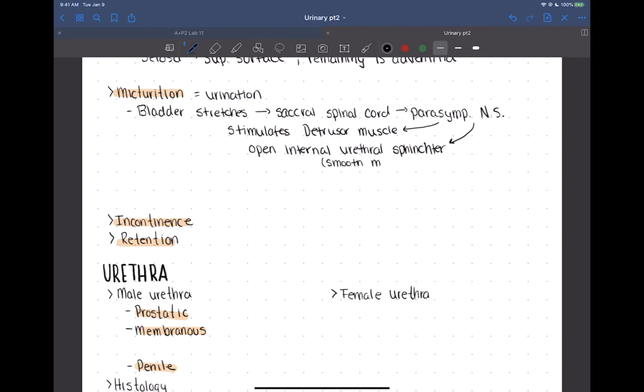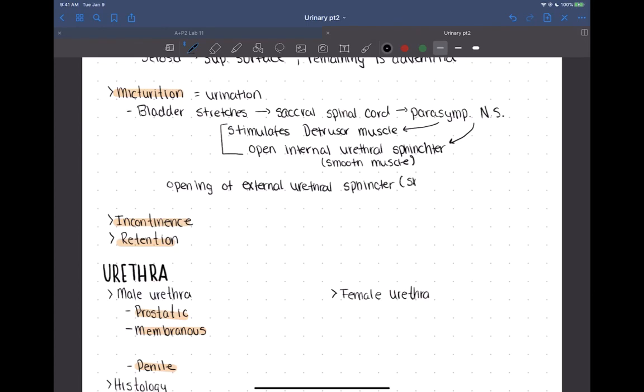And so then the final step of micturition is going to be the relaxation or the opening of that external urethral sphincter. So then these two would be precursors for opening of the external urethral sphincter, which is skeletal muscle.